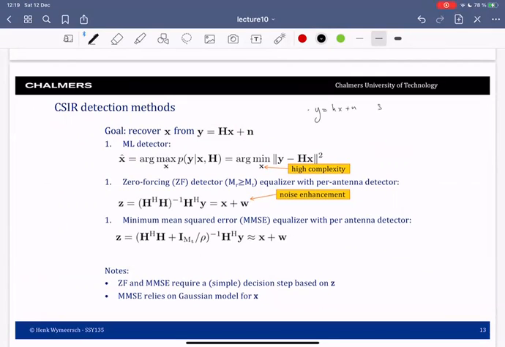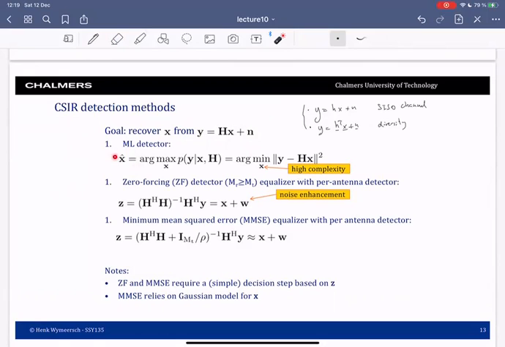This is for the SISO channel. We've also seen observation models of the form Y is H transpose X plus N for the diversity systems. For all of these, we know how to apply maximum likelihood. So now it becomes relatively straightforward to also do it here for the MIMO system.